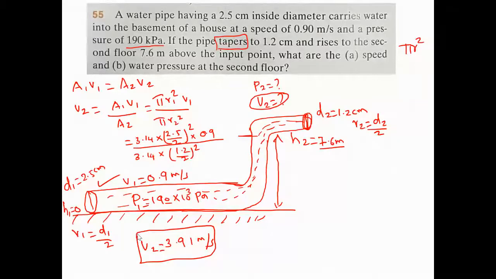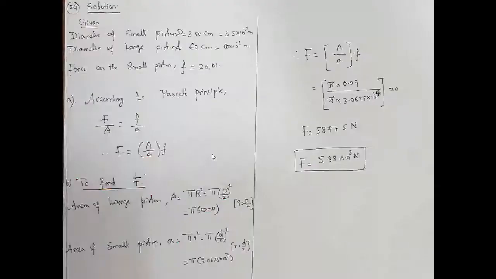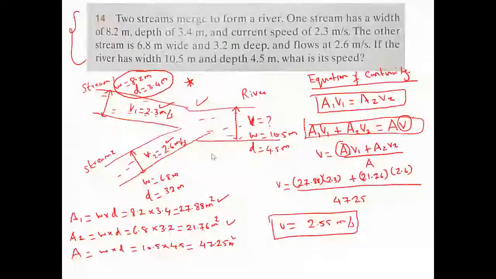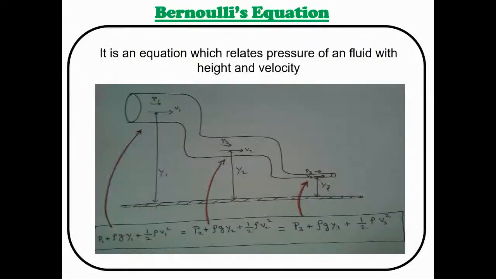Okay. Now we are going to find the answer for the second question, that means pressure. For finding the pressure, I am going to use Bernoulli's equation. What is our Bernoulli's equation? Have a look, this is our Bernoulli's equation.